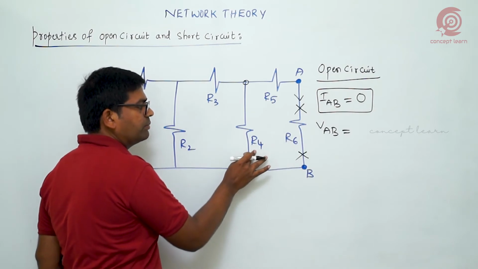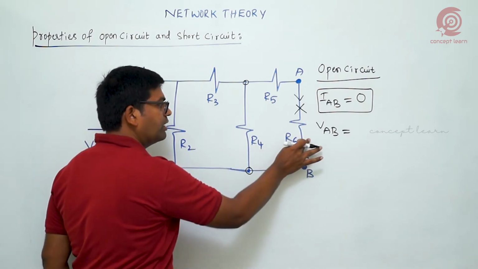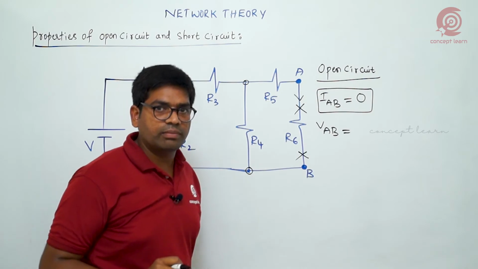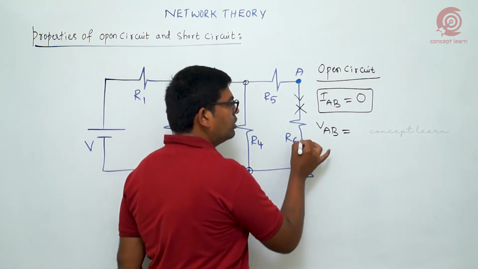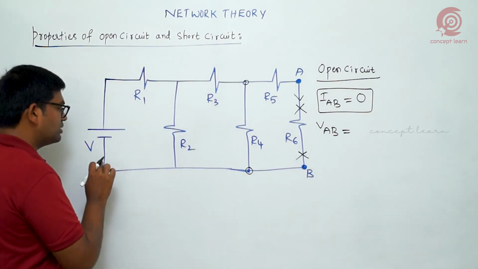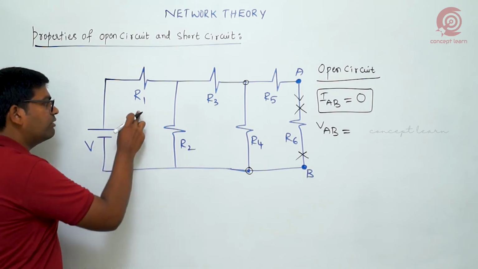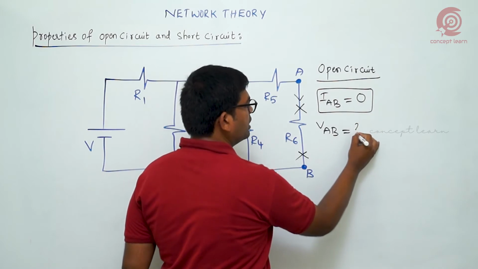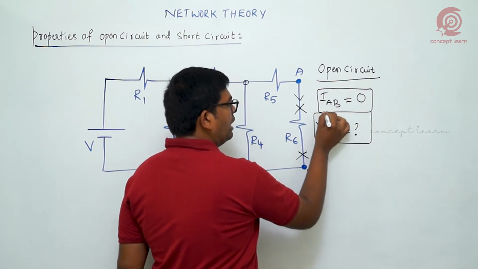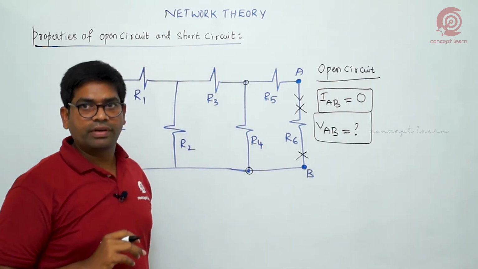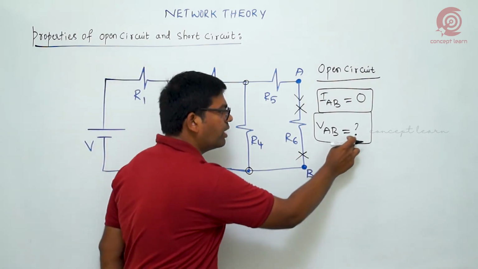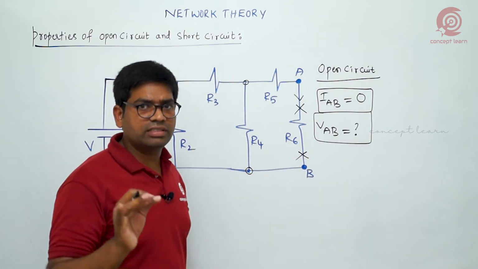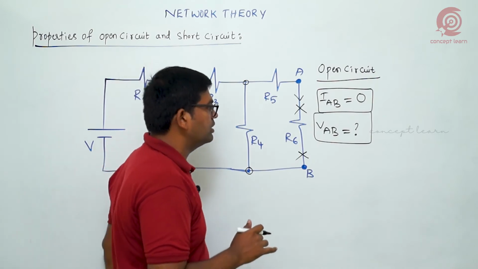Whatever voltage is available across R4 will also be available across the open circuit terminals A and B. So some voltage is available. I am just considering a sample network; when you have values, you can find the value. So I am placing a question mark, which means it exists, but depends on the values of the components in the network.